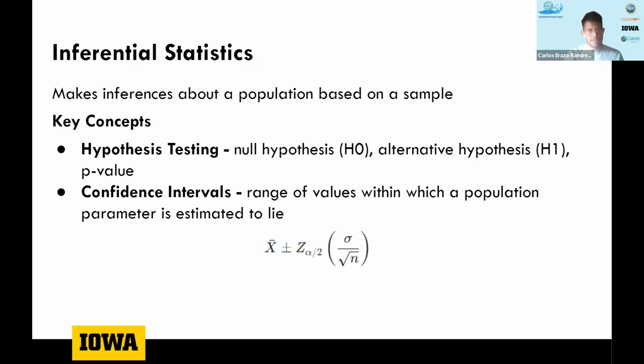Inferential statistics is about making inferences about a population based on a sample. With inferential statistics, you know that the data is not bad, but not as reliable, so you need to do some testing on this information.